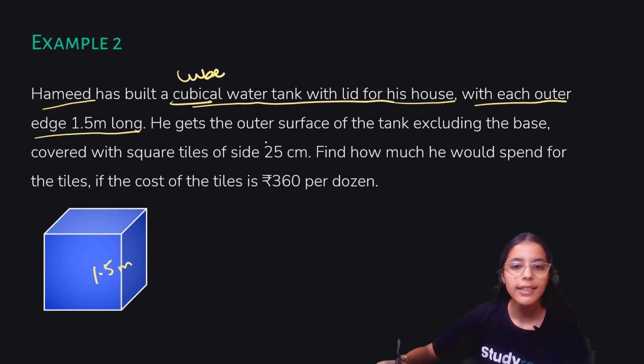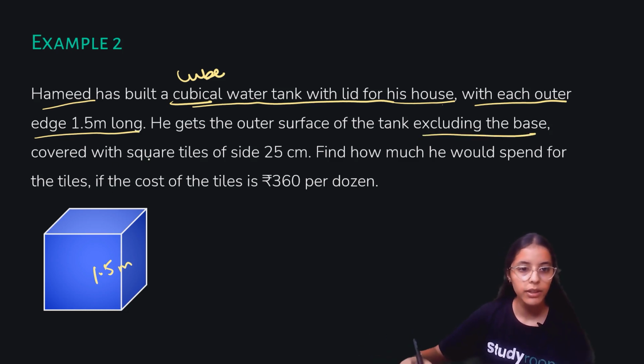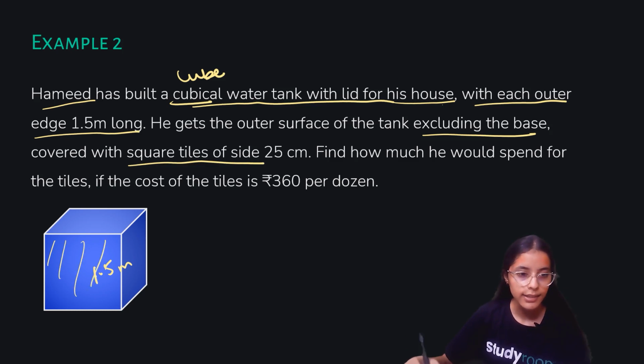Now he gets the outer surface of the tank, excluding the base, covered with square tiles. All the outer surface is covered except the base. The base is not covered.